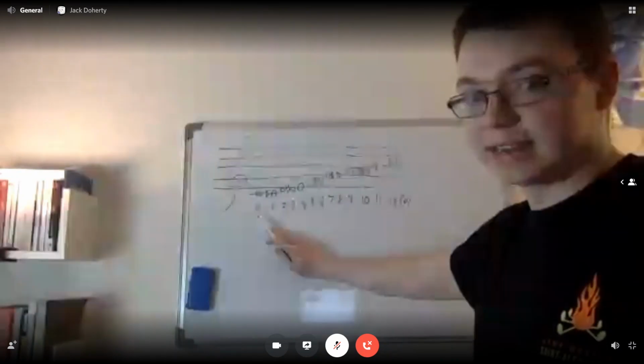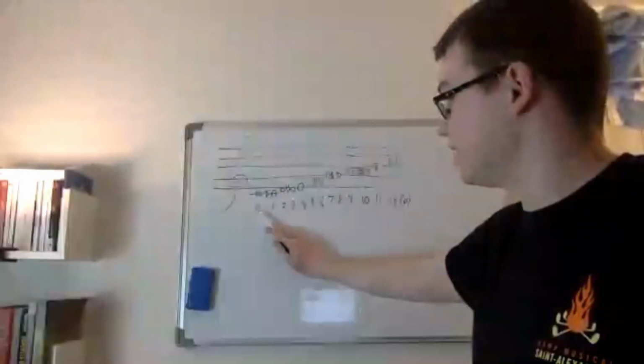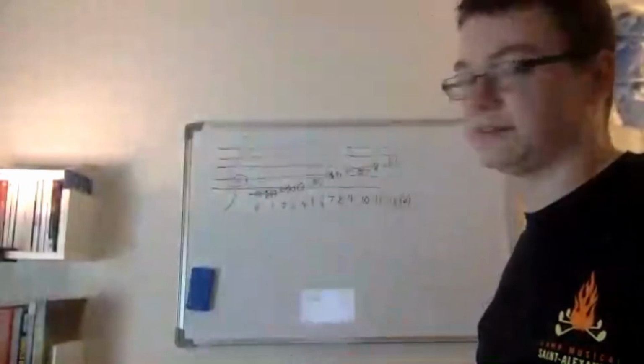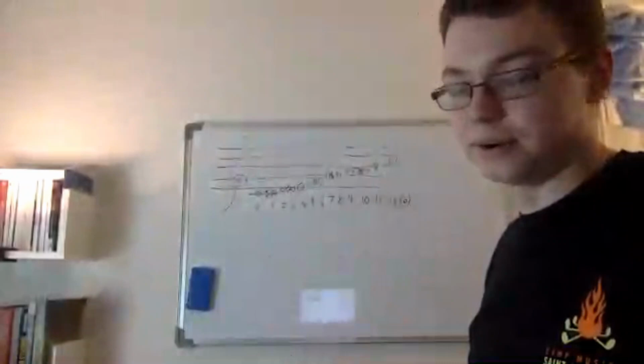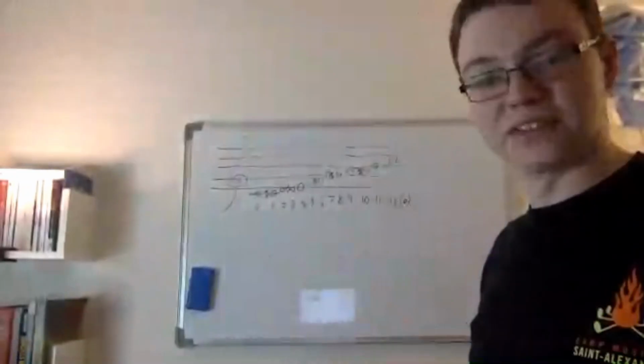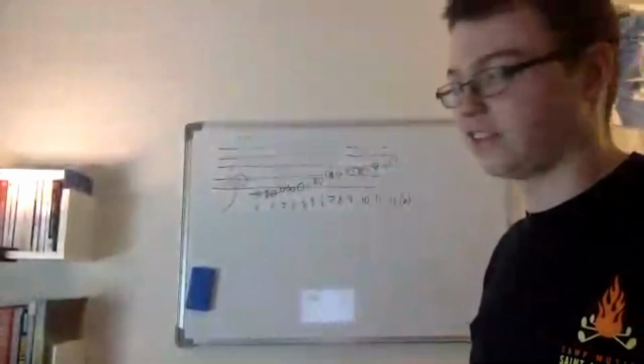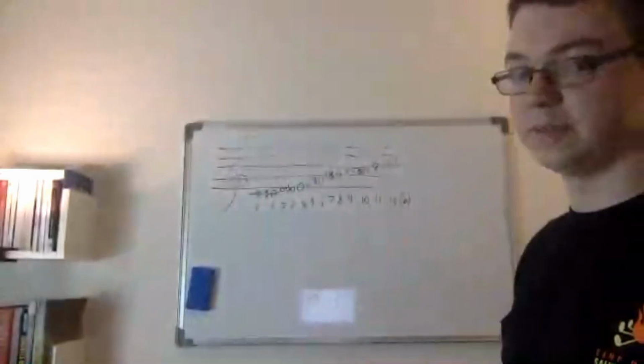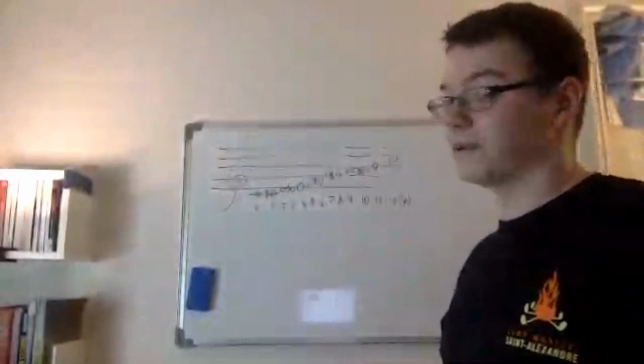The common practice is to put 0 on C, but when you're analyzing a piece, people will often put 0 on the most important note of the piece or the first note of the piece, or on C. It's usually on C. I'm just going to always keep it on C for consistency. It's easier, I think, to understand, but you can put it wherever you want when you're doing your own thing.